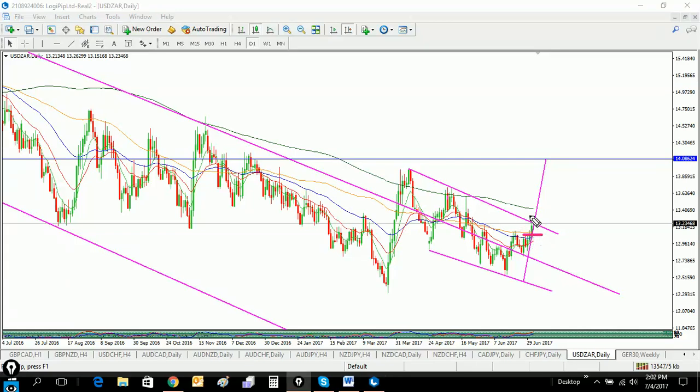As it moves further and further into profit, I will move my stop loss along with it and not just wait until the price gets there, as we do have news events take place and things could influence the chart. So my initial target being 14.10, and then my second target, which we saw earlier, is around the 15 Rand to the dollar mark. Hopefully I will be able to chase this price all the way up to around about this level over here, moving my stop loss further and further into profit.